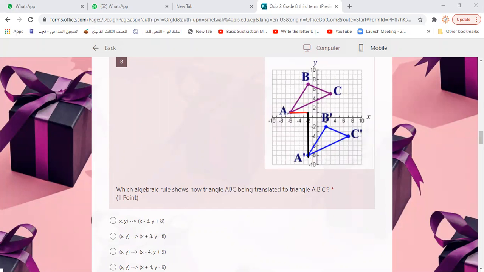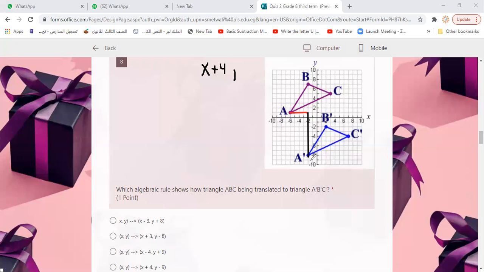To say that the point moved to the right, we should add something to the x-axis. So we will count together now how many units to move to the right: 0, 1, 2, 3, 4. That means we have x and we added 4 to x. Now we will check with y. How many units?